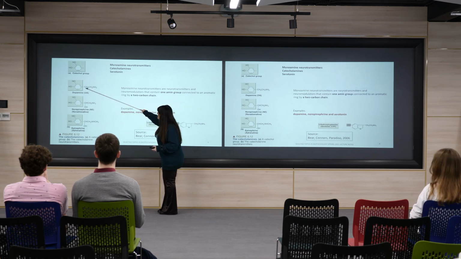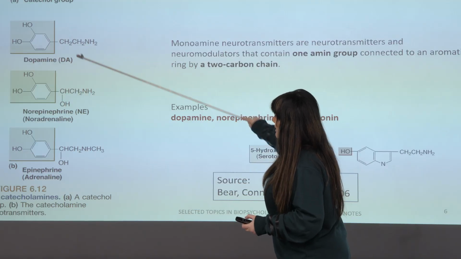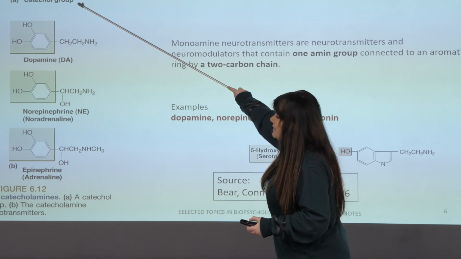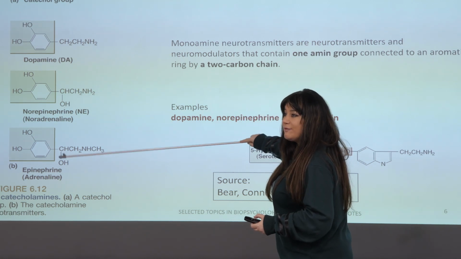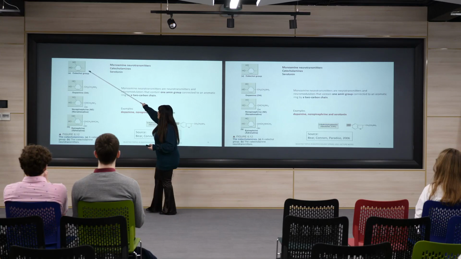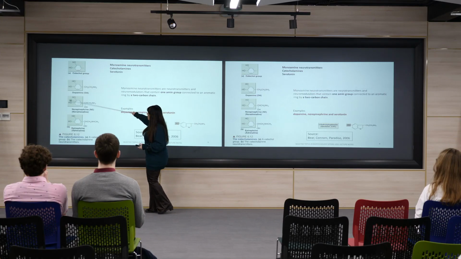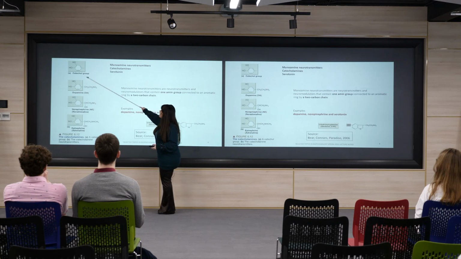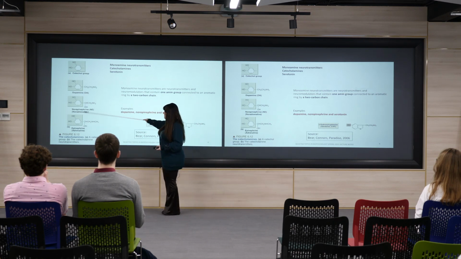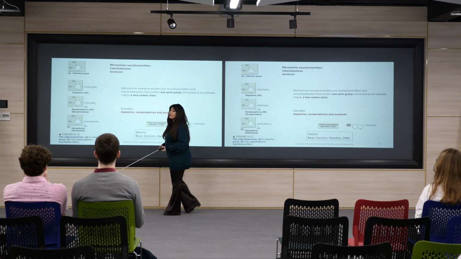For example, here, ethylamine, plus there is this hydroxide. You see, they are all derivatives of each other. And then you have epinephrine. So the common point is that the catecholamines are called this because they have this catechol group in their structure. So one group of monoamine neurotransmitters are dopamine, norepinephrine, and epinephrine, which are catecholamines.